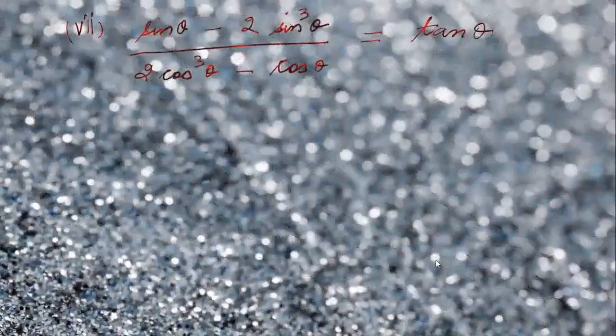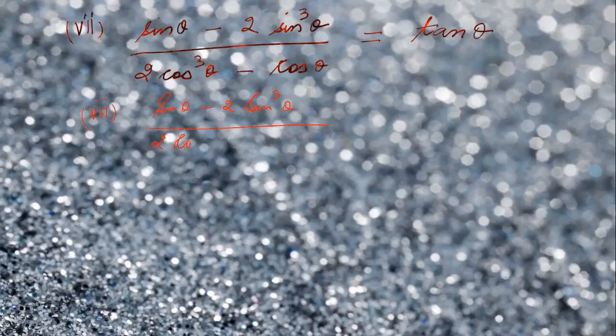Now the seventh part is sin theta minus 2 sin cube theta divided by 2 cos cube theta minus cos theta. Now here what you can do, you can take sin theta to be common in the numerator, so it will be 1 minus 2 sin square theta, and you can take cos theta downwards in the denominator, so it will be 2 cos square theta minus 1.